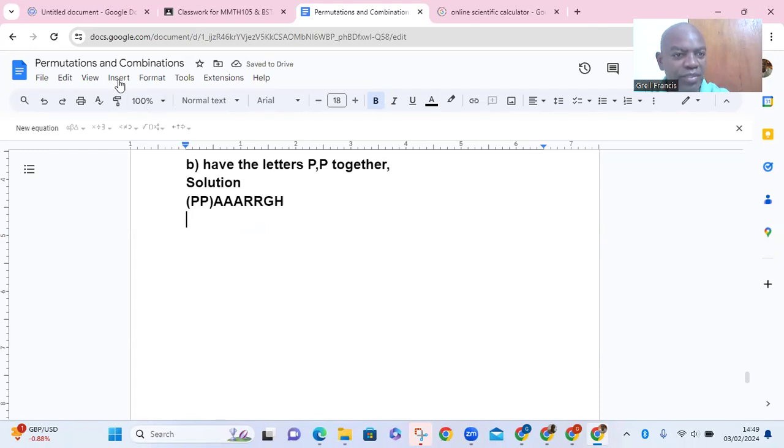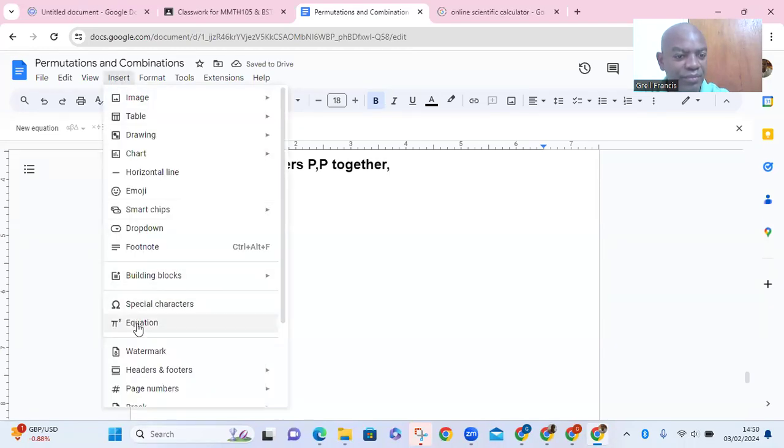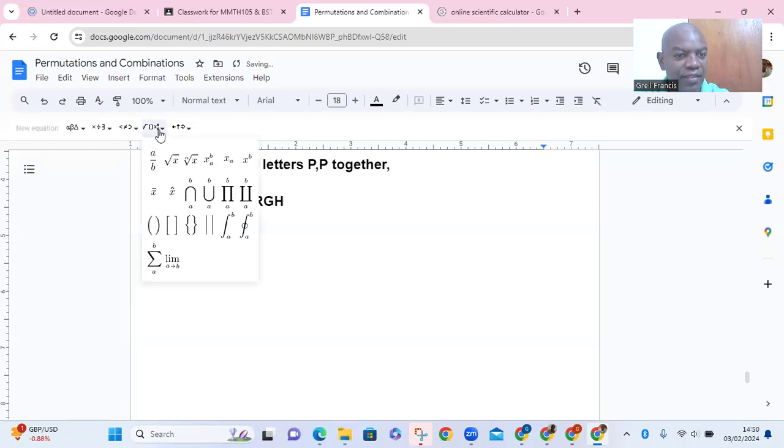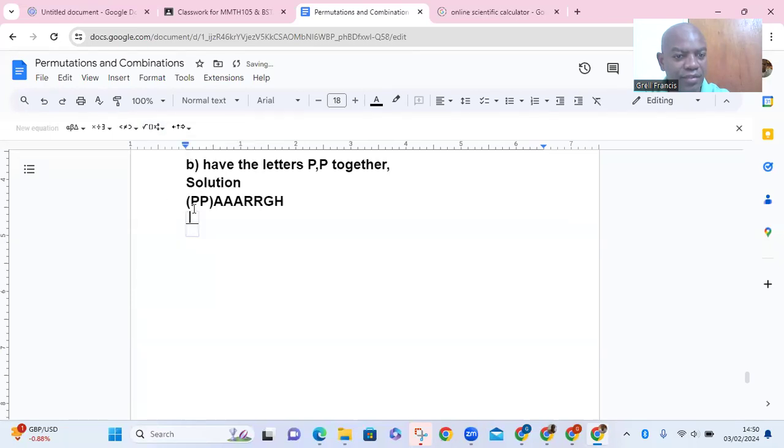So this basically will be 8 factorial divided by 3 factorial for the 3 A's times 2 factorial for the 2 R's.